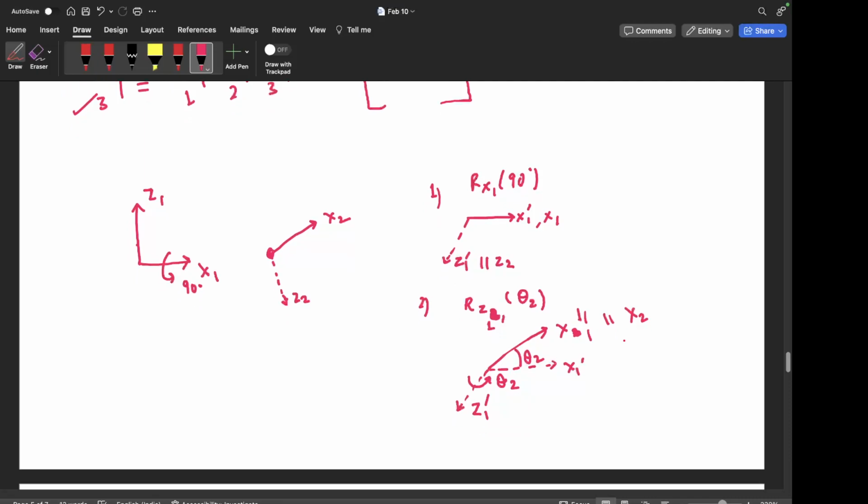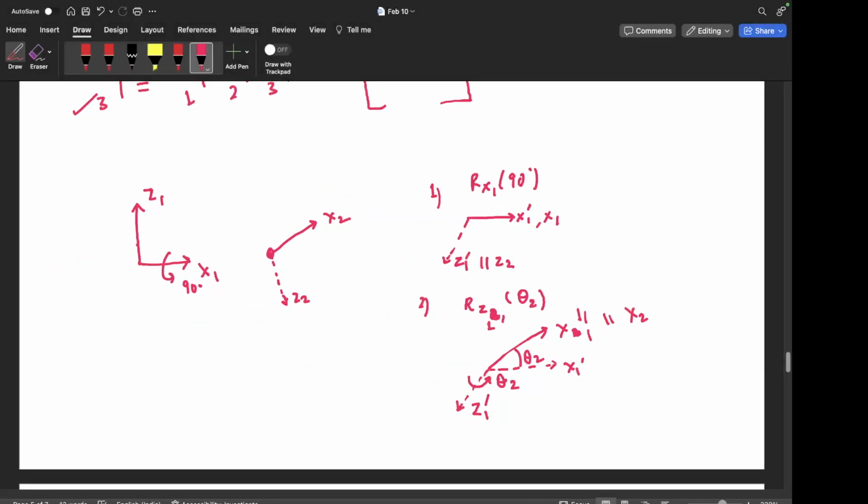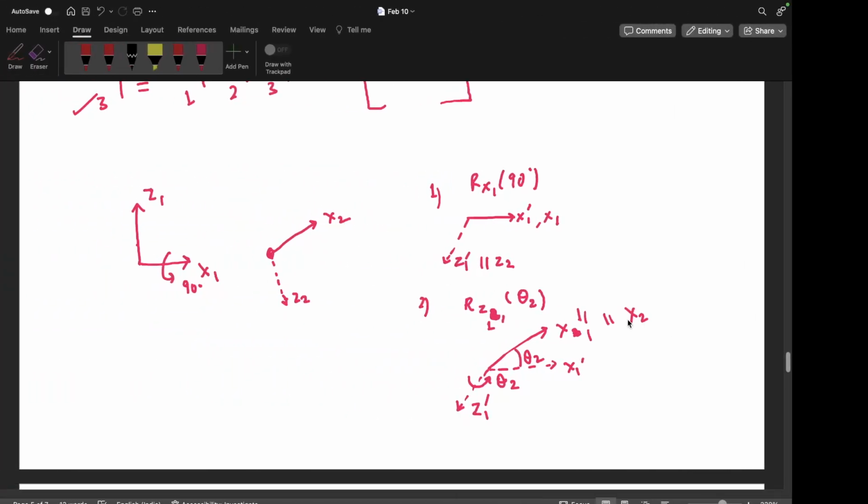Any doubt still here? Okay, so now we have z1 dash parallel to z2, and x1 double dash parallel to x2. So effectively we have aligned these two in direction.